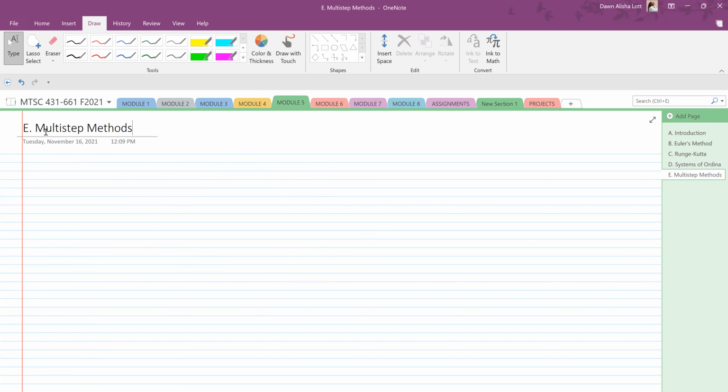Okay, so multi-step methods. So Euler and Runge-Kutta are single-step methods. That means we go from level t to level t plus h.